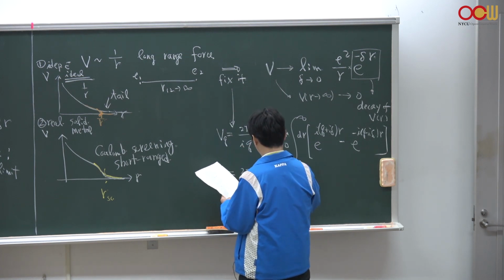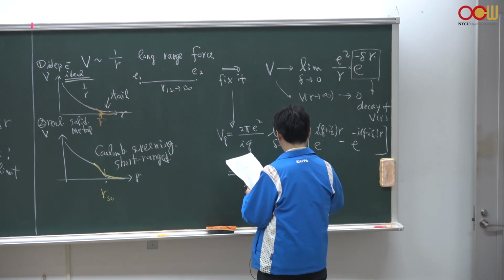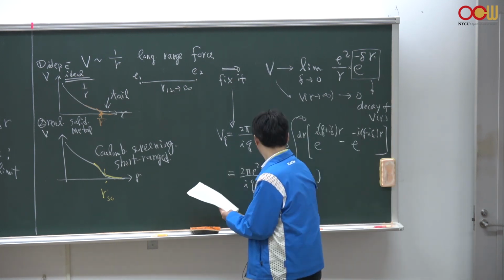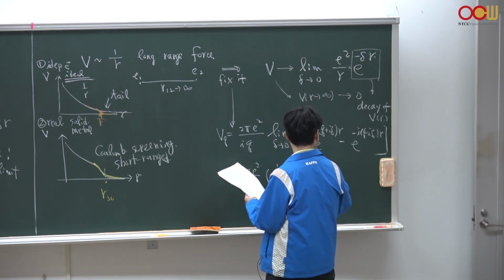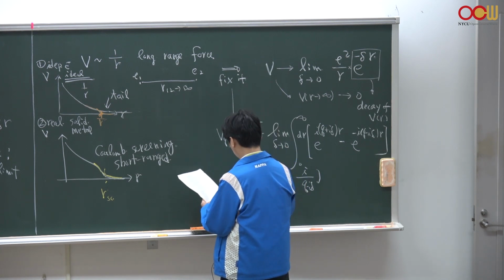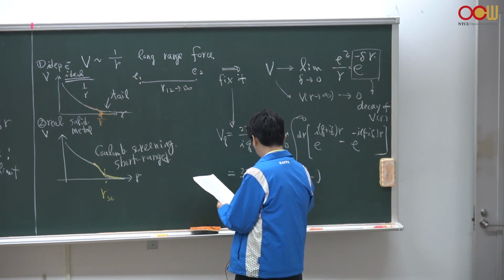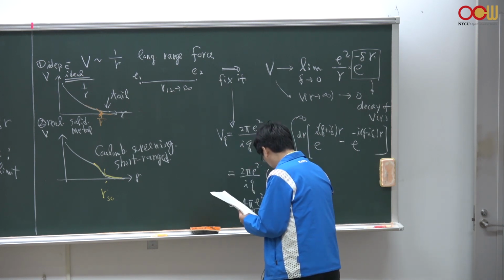If you use your knowledge of complex analysis, you will get this, with i delta and minus i delta, something like that. So you get 4 pi e squared over q squared plus delta squared.